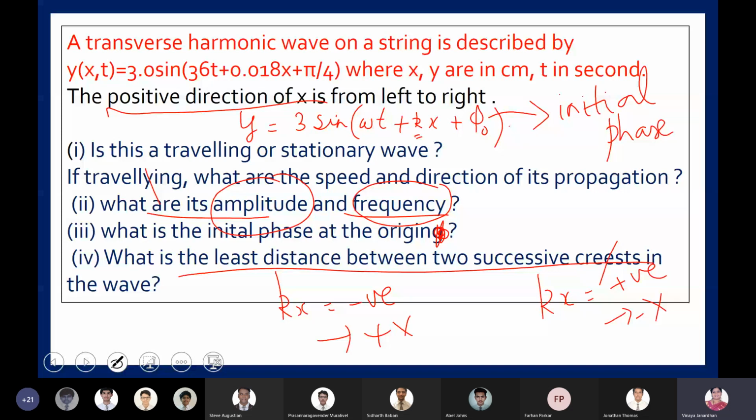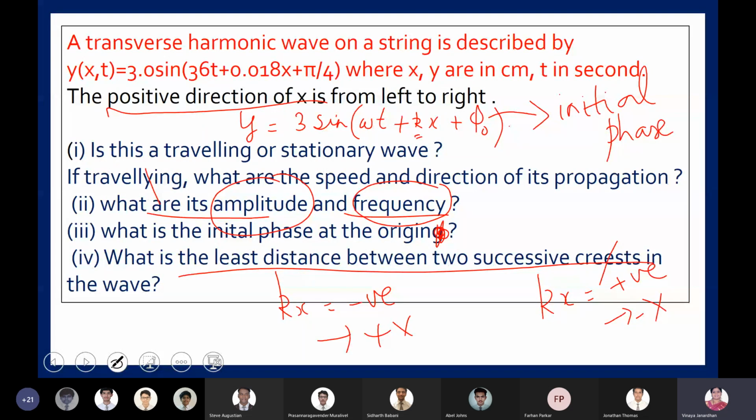See, in a string, the waves which are produced are stationary waves. What are stationary waves? When two waves travel in opposite directions with the same frequency, amplitude, and velocity in the same medium, they superimpose on each other and produce stationary waves.